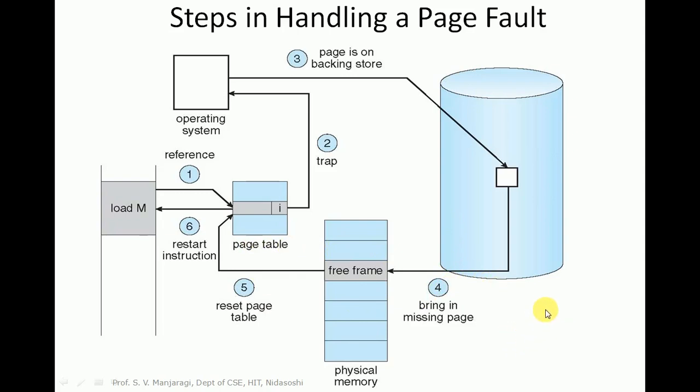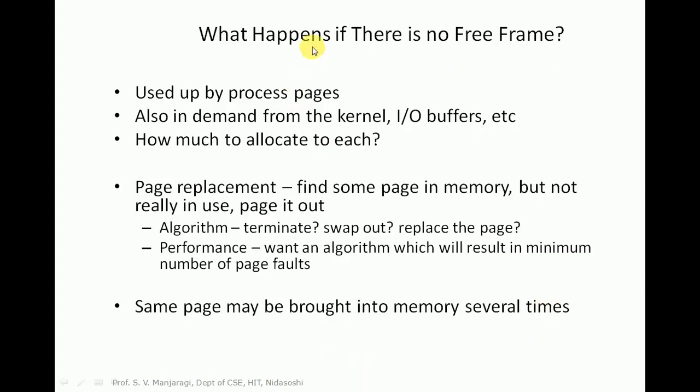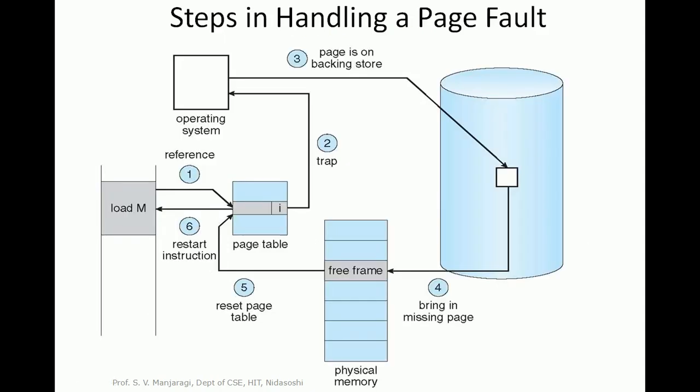During this process, what happens if there is no free frame available in the physical memory? As in the previous diagram, whenever a page fault occurs, we trap to the operating system, which issues a read request to the backing storage or disk, brings the missing page from the disk, and loads it onto a free frame.